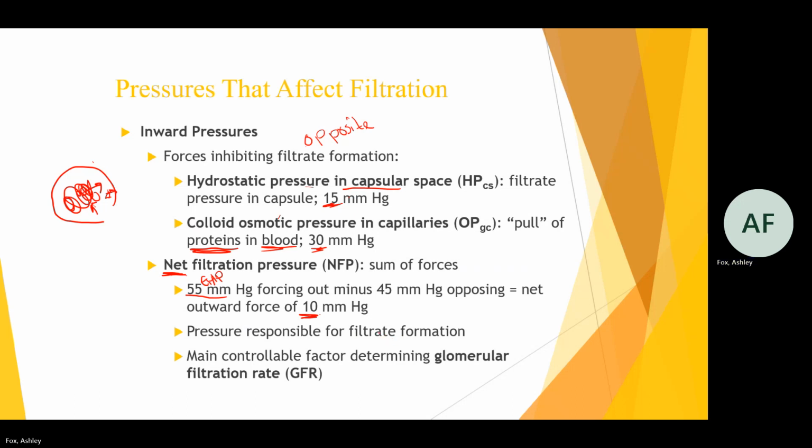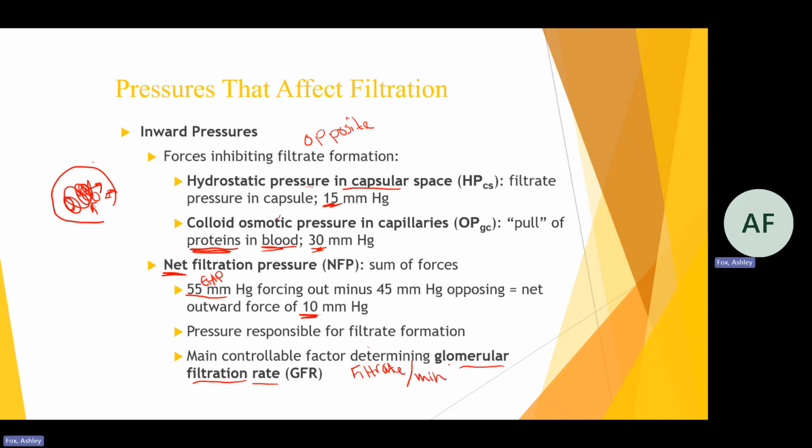We can look at it as a rate as well. This is glomerular filtration rate. It's how much filtrate we're making in a unit of time, in this instance usually per minute.